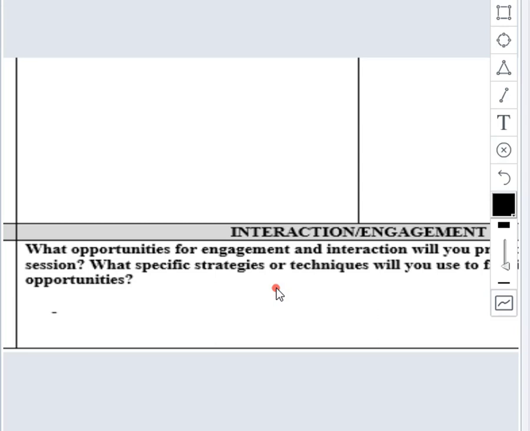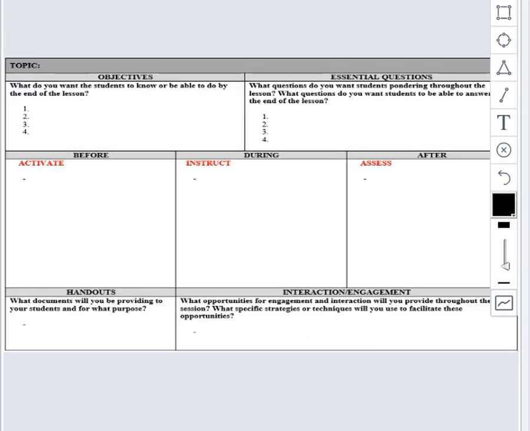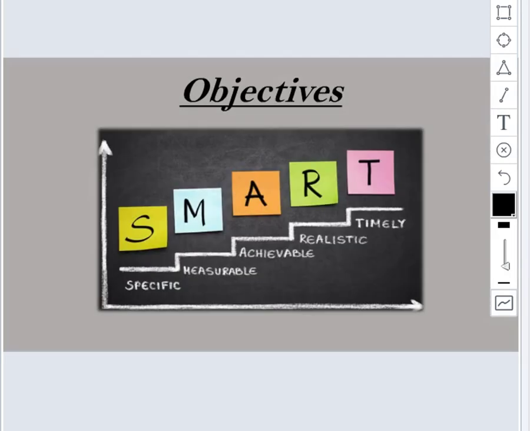offering throughout the lesson. So by far the most important piece of the lesson planning process is defining your objectives. And if you go through the Quality Matters certification process, then you'll get a lot more information about the importance of objectives and how to create objectives. But today we'll talk about both of those things pretty quickly, both the importance and then how to construct them.